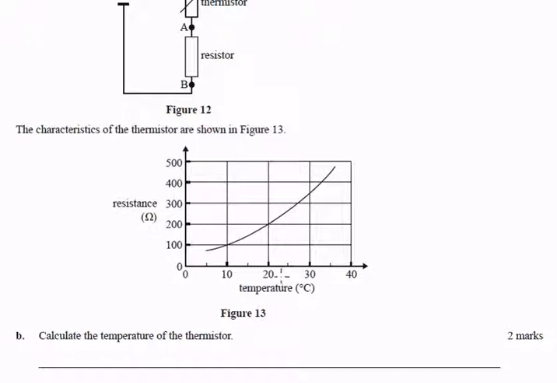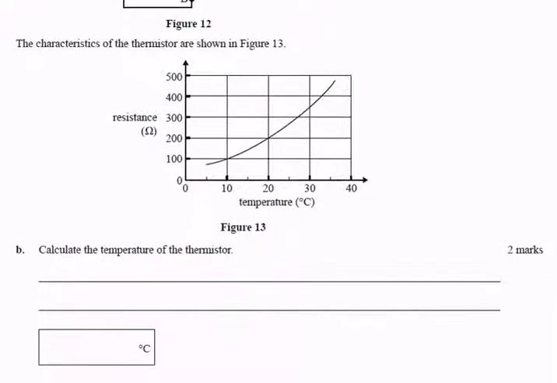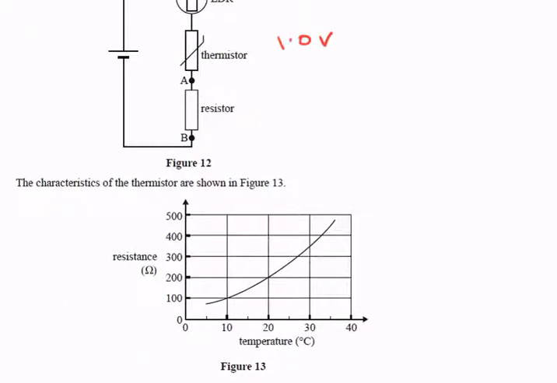So for me to get the temperature, the first thing I need to do is calculate the resistance of this guy. The resistance is the same as I did before. Resistance of the thermistor is V over I, which is 1 volt over the current.